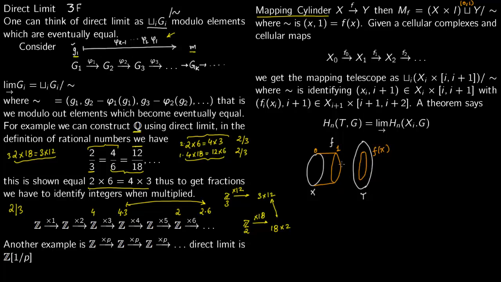Now what you do is you glue this piece to the image right here. So you identify these two. So that is (x, 1) is identified with f of x. So this side is (x, 1). This is identified with this point, which is f of small x. And once you do this, this is what you get.